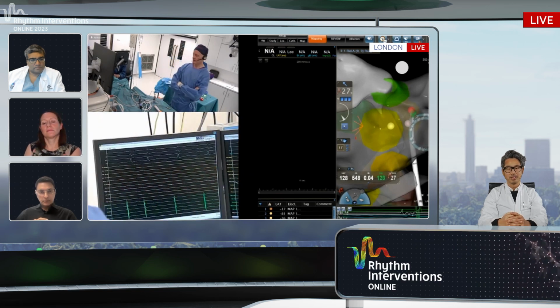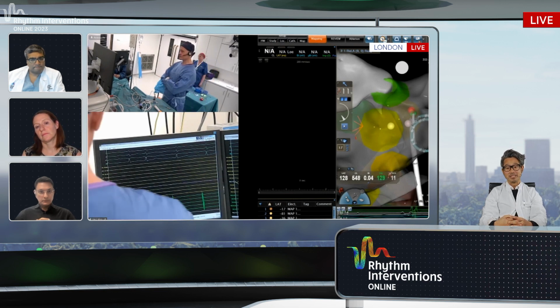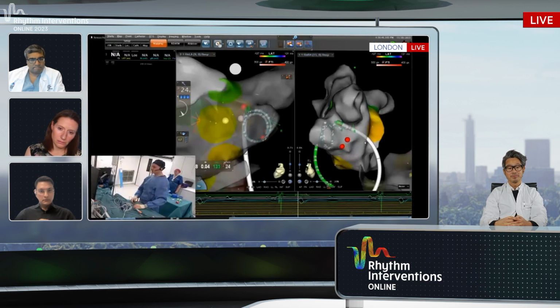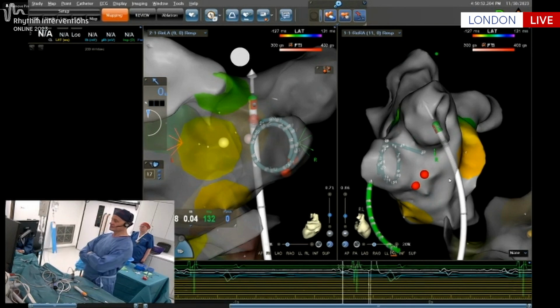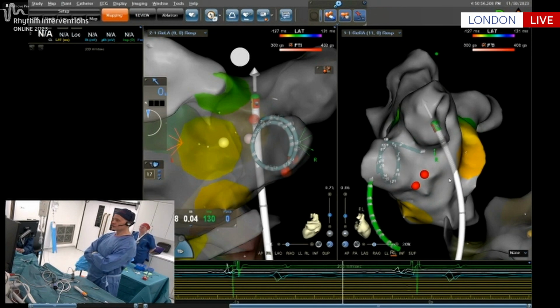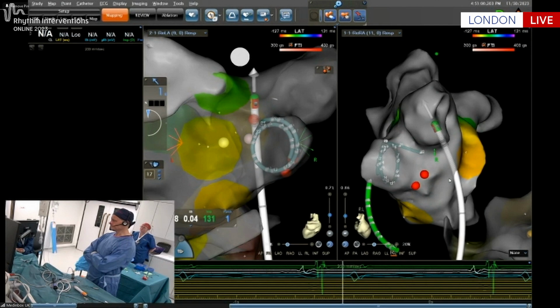So is it a typical gap site? I think it is. You know, that junction between the upper and lower is a pretty common one, but not for cryo, but in general, that can be a slightly thicker bit of tissue. What do you think? Yep. Oh yeah, certainly for radiofrequency.